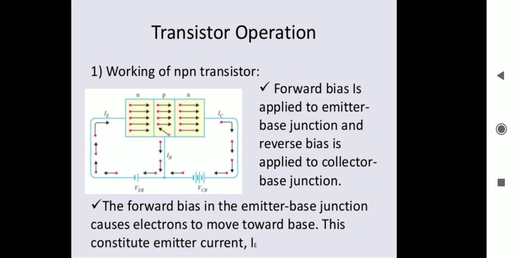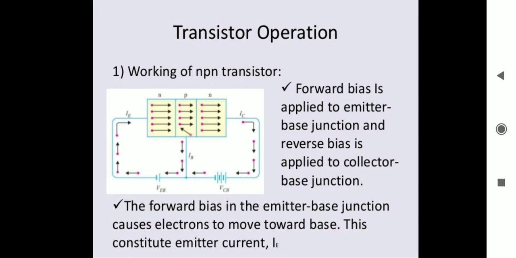The electrons, which are the majority carriers in the N type emitter, will start flowing towards the P type base as shown in your figure. This will constitute the emitter current IE.